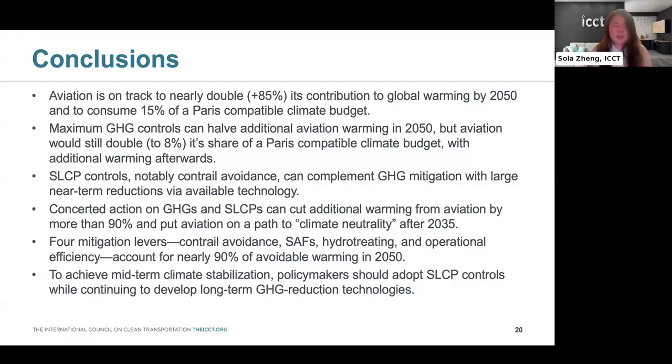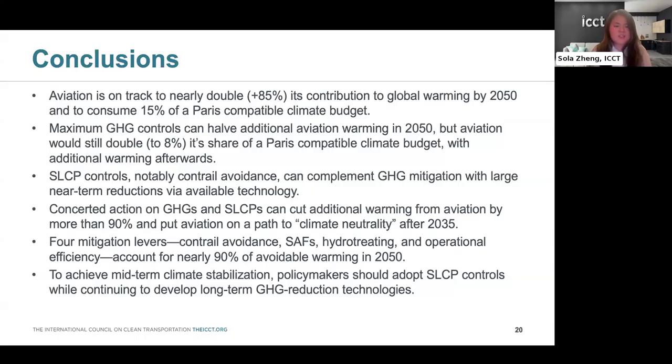But the inflection point around 2040 and then the likelihood of continued warming from CO2 is also a very important trend from the scenario.